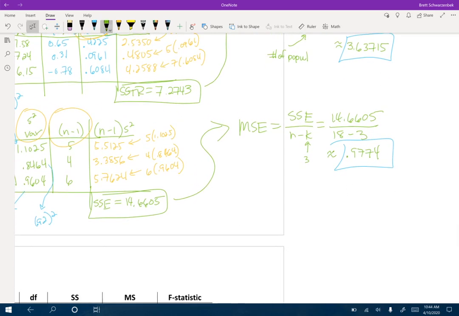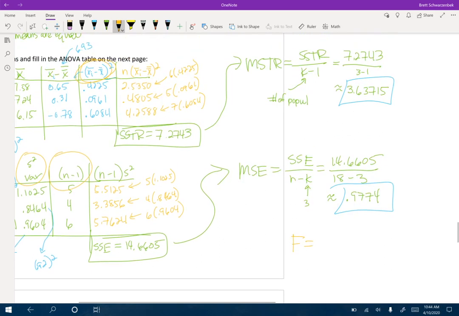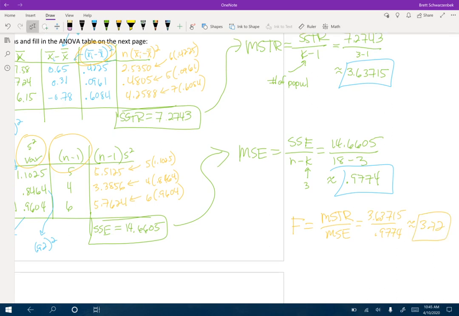So once you get these two, then you have one more step, and that's to find F. F is equal to our MSTR over our MSE, which is equal to 3.63715 over 0.9774, which is approximately 3.72. Okay, once we have all these calculations, we basically have to fill out the ANOVA table.